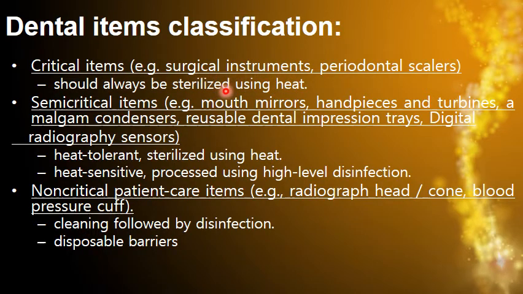These will be divided also into two subcategories. Either heat-tolerant instruments, which should also be sterilized by heat, like the mirrors, the handpieces and turbines, they are all sterilized by heat.